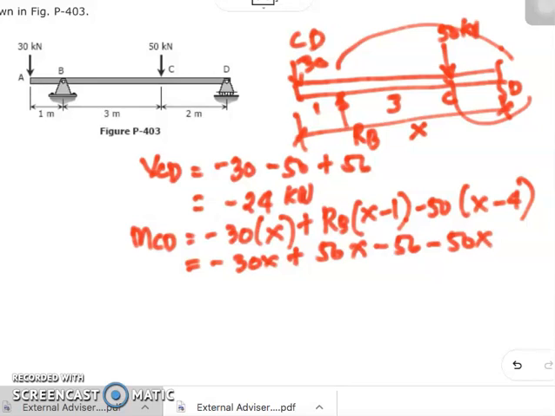Then we'll have 50 times 4, which is 200, plus 200. So if we simplify further, you combine this one and this. Then you combine 56 and 200. So this gives us negative 24x plus 144. So you have now your equations for our shear force and moment force at segment CD.